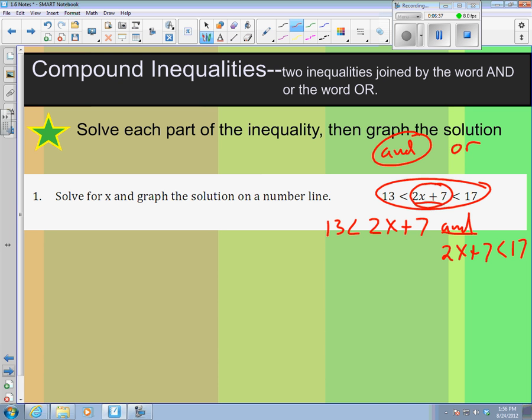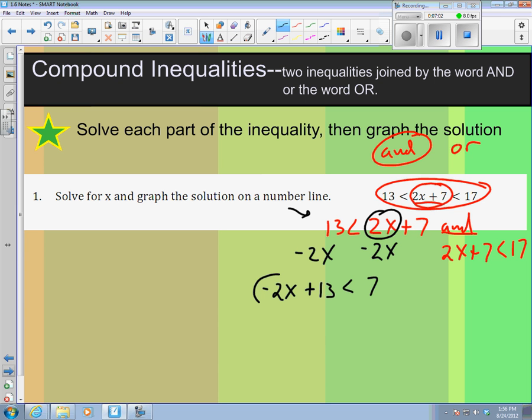Now, if we want to solve for x, we just solve both inequalities separately. So the first thing I would do right here is I want my variable term on the left-hand side. So I'm going to subtract 2x from both sides. When I do that, I get negative 2x plus 13 is less than 7.